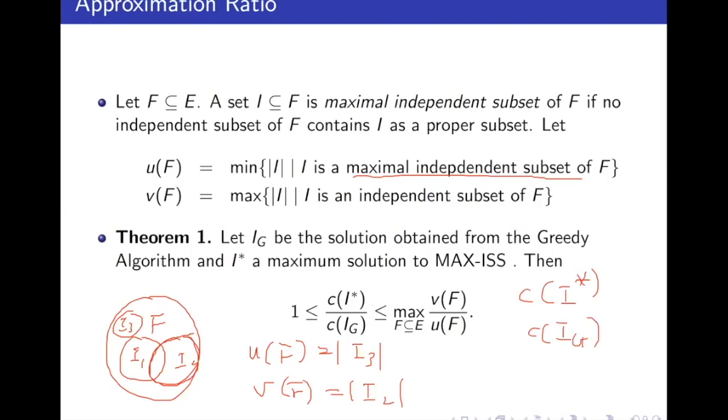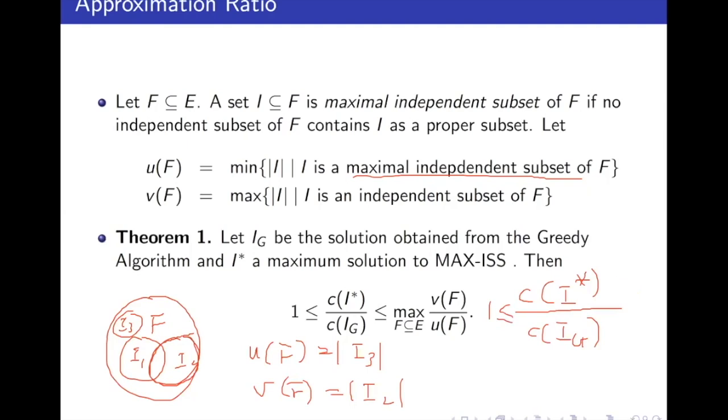Now, this is a maximization, so C of IG cannot be strictly greater than C of I star. So if I take the ratio C of I star over C of IG, then it will be greater than or equal to 1. So this is straightforward. But the other direction is interesting.